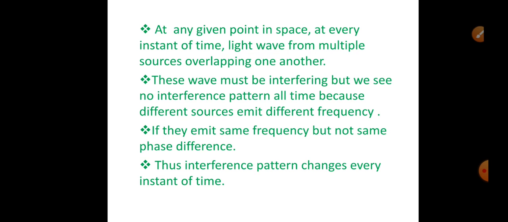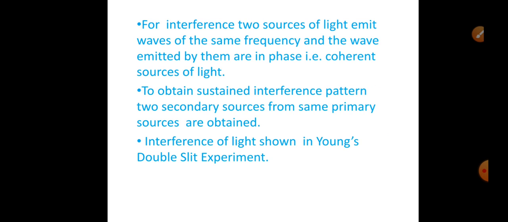Therefore, the interference pattern changes continuously every instant of time, and we cannot see alternate bright and dark fringes. For interference, the two sources of light waves must emit the same phase; that is called coherent sources.